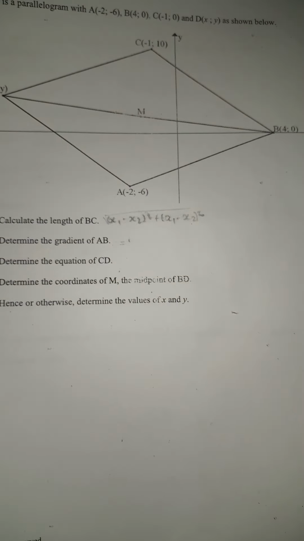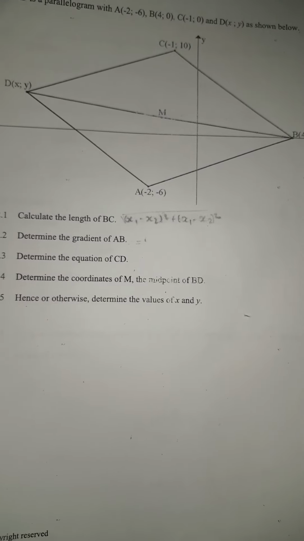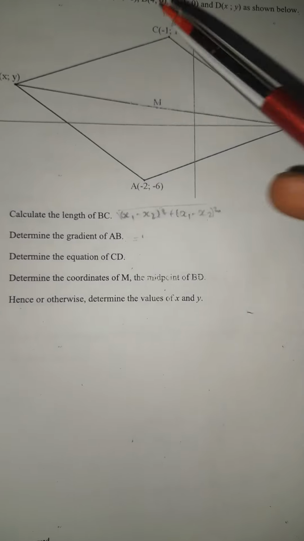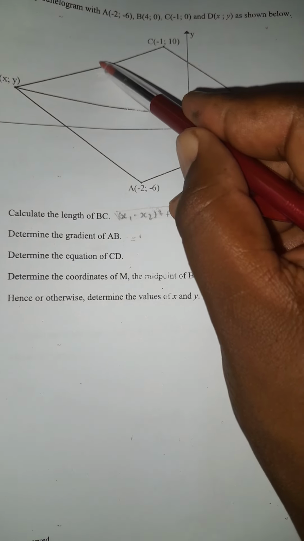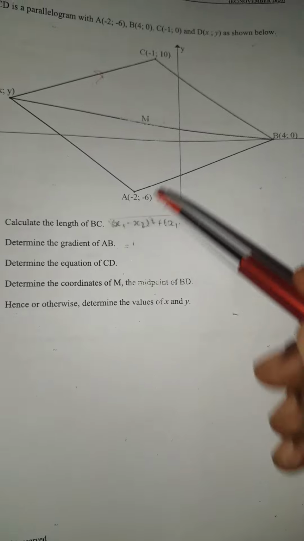The other one is to determine the equation of CD. What do we know by the properties of a parallelogram? We know that opposite sides are equal and parallel, so AB and CD will have the same gradient in this case.